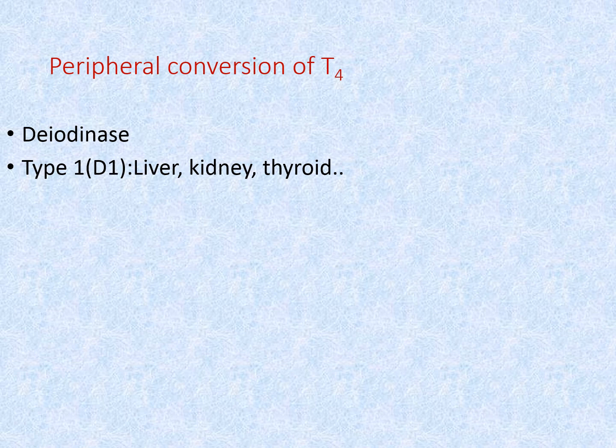Mainly in the liver and the kidney it converts T4 into T3, and this T3 is taken up by the other tissues. D1 is increased in hyperthyroidism, so more conversion of T4 into T3.